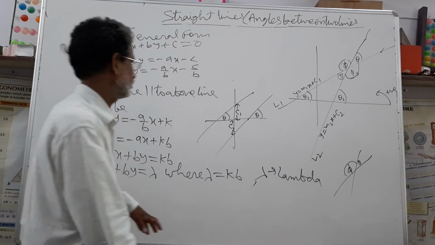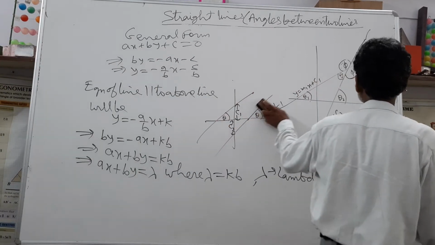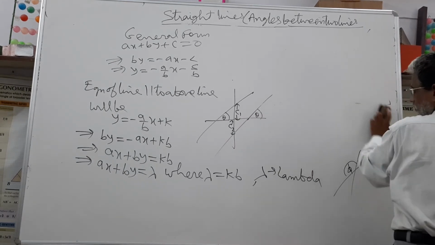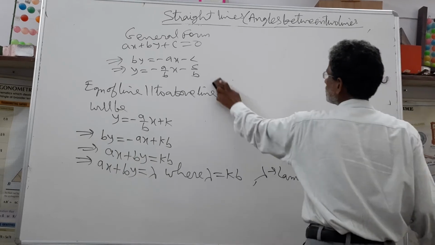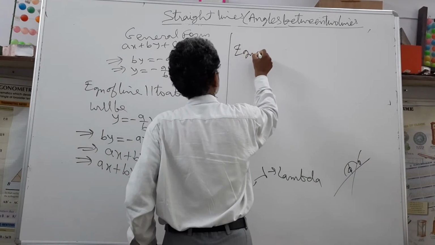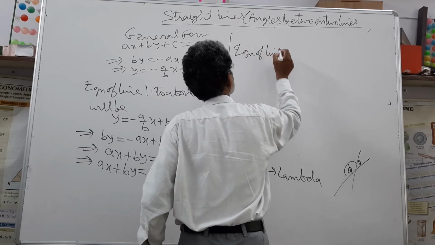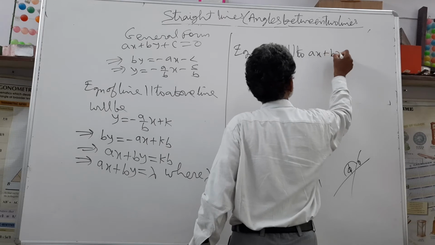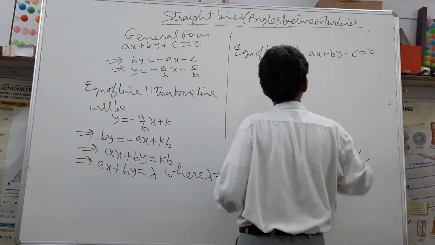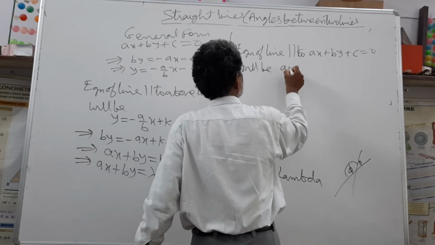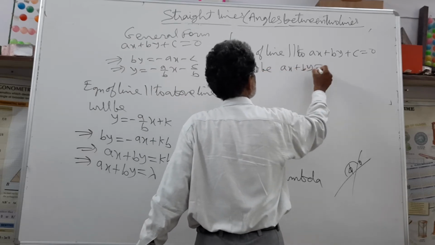If you summarize this, then the equation of a line parallel to ax plus by plus c is equal to 0 will be ax plus by is equal to k.